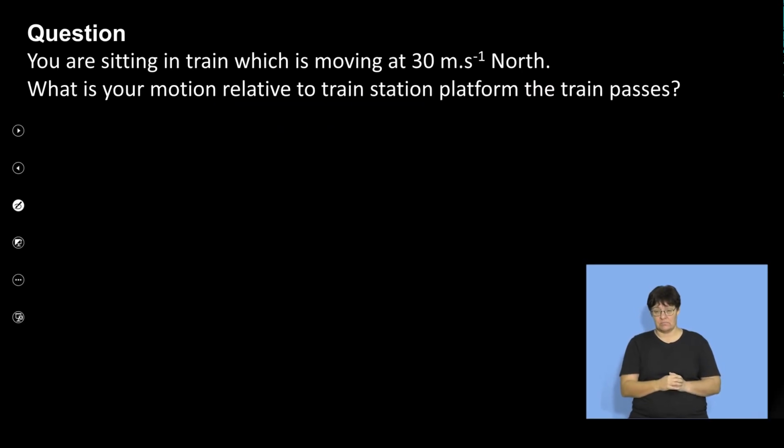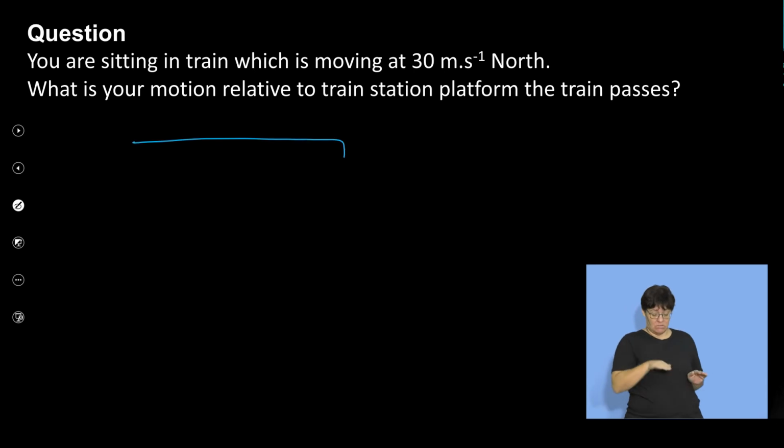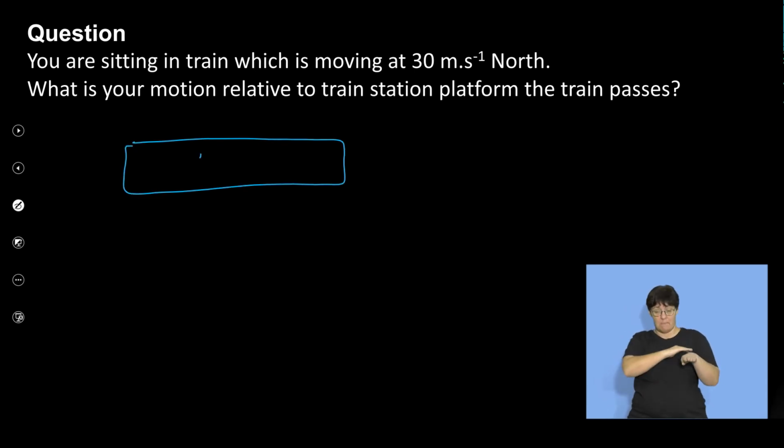If I now go relative to the train platform, so now we still have our train, you're still sitting in your train, there's your chair, and you're reading a book. Can't draw, we know this. Train is going at 30 meters per second north.